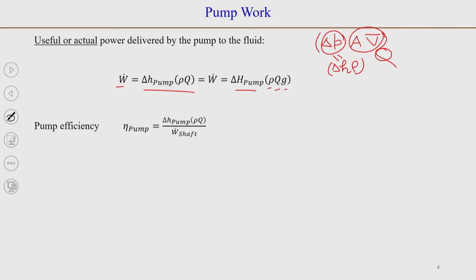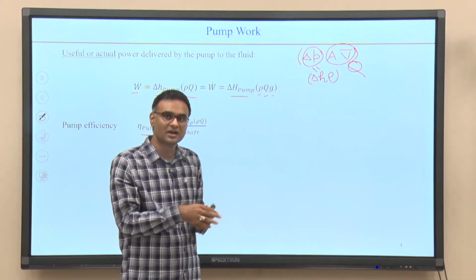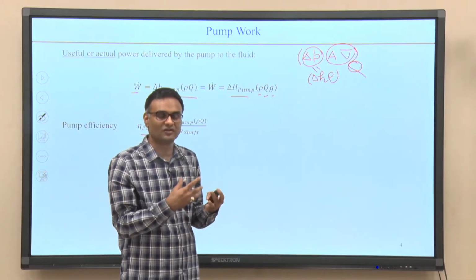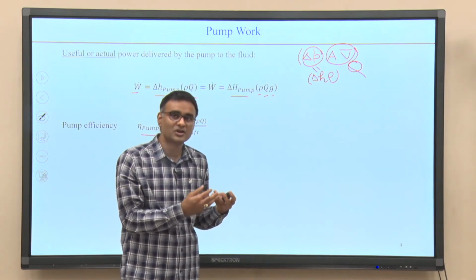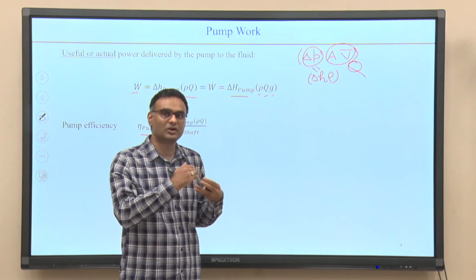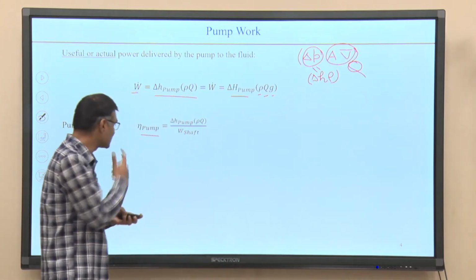So, the efficiency of the pump itself, because all the work that is being done by the impeller on the fluid will not transfer as actual work on the fluid, because there will be losses in terms of viscous losses and other losses in the pump. So, that will not be a 100% transfer, there may be say 60-70% transfer.